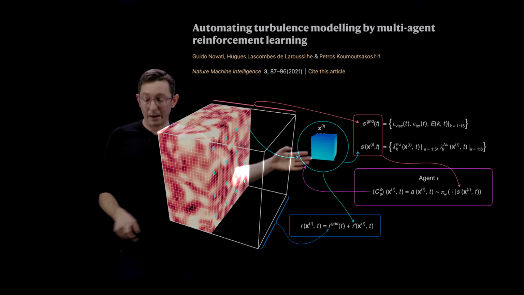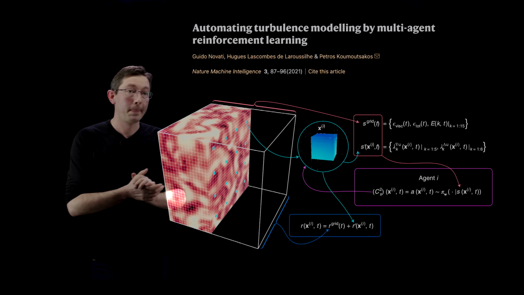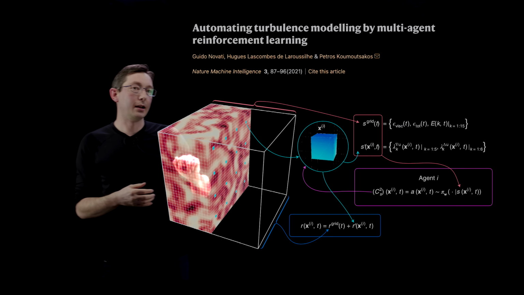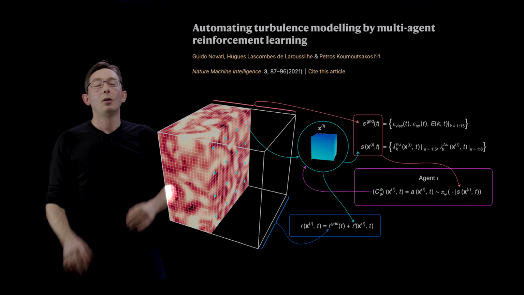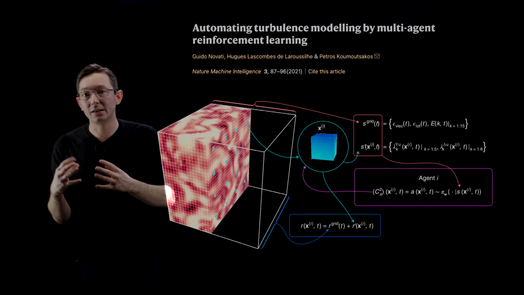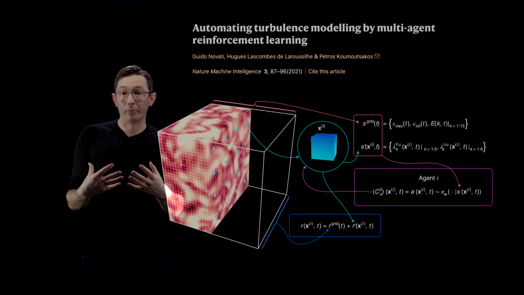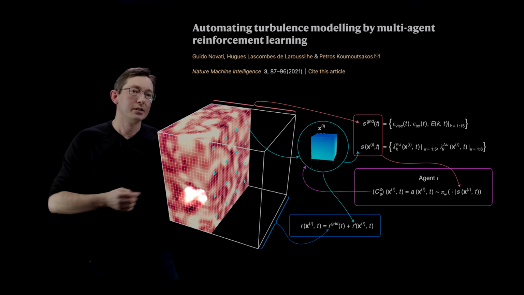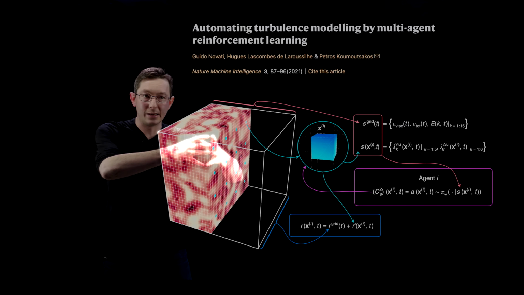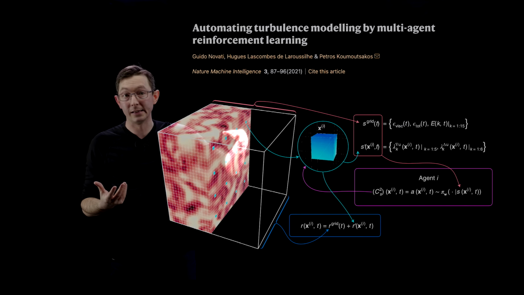Another really interesting paper, and I talked about this in my lecture on deep reinforcement learning, is this work by Novati, Koumoutsakos, and their colleagues, where they've used a multi-agent reinforcement learning approach to the same LES subgrid scale modeling. Here is a fluid flow simulation on a very fine mesh, resolving all of the physics.